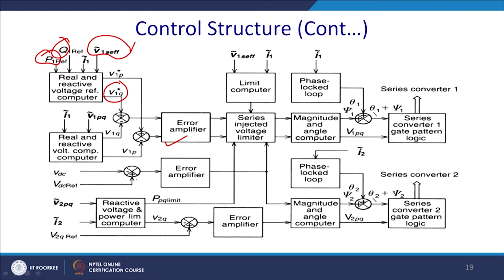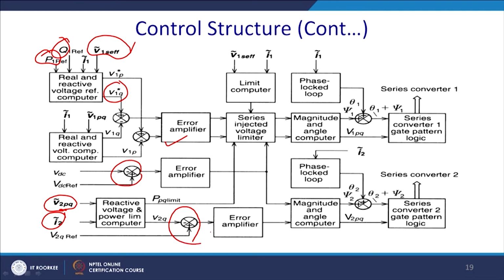So, VDC and VDC ref, from there you will have an error amplifier. This is for converter 1, and we assume that 1 is prime and 2 is supportive. Similarly, V2Q will be for some exchange of the power, and this is I and this will be IQ, and from there you will get the reactive power.